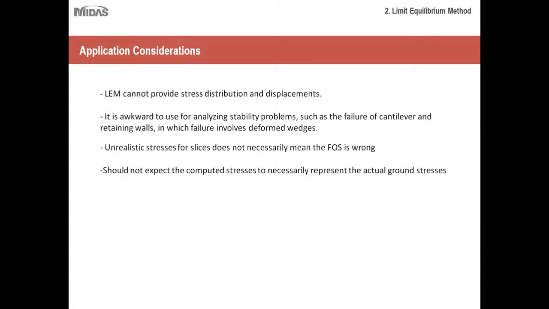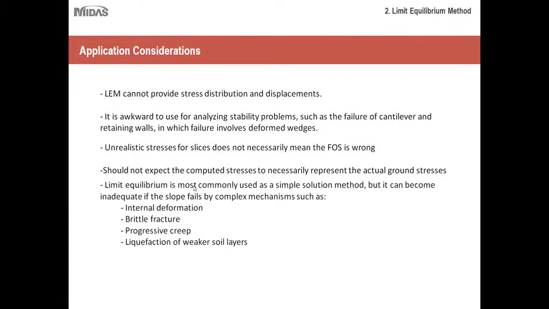The limit equilibrium method makes several assumptions in order to calculate the factor of safety. So just keep in mind that the main purpose of the limit equilibrium method is just the factor of safety. It isn't there to calculate realistic ground stresses. Any forces that you calculate are just being used to calculate the factor of safety. They can't actually be used in a realistic design, just because they're not the actual forces acting in your slope.